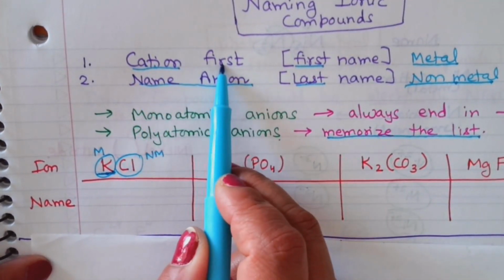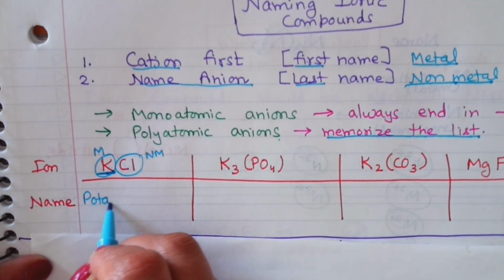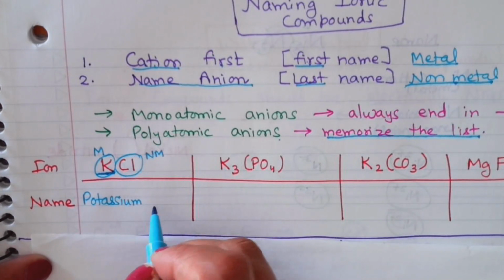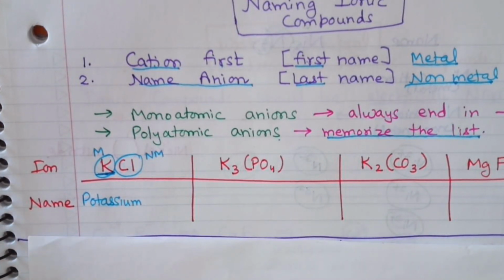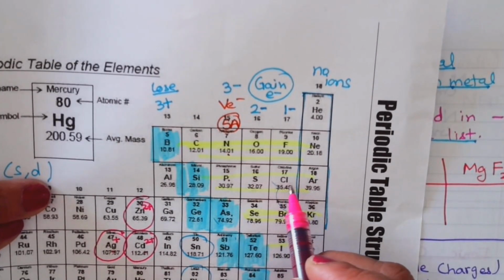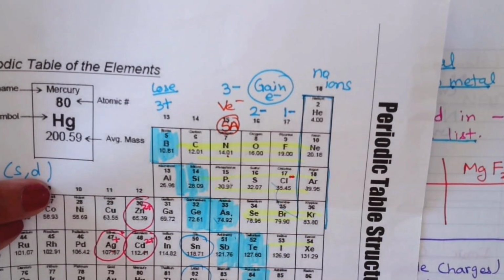So how would we name this ionic compound? The name of the cation, that is potassium, and the last name is the name of the anion. Now what kind of anion will chlorine make? It's a monatomic ion. Chlorine always makes Cl1 minus, and that is what we call the chloride ion.